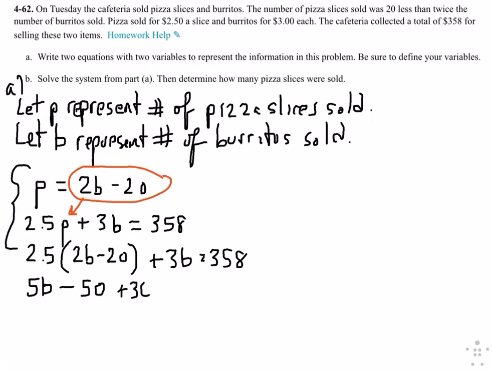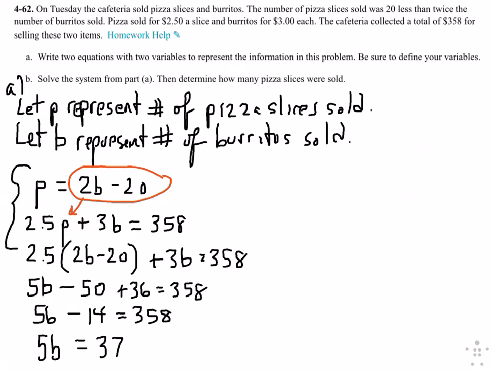Plus 36 equals 358. So we have 5B negative 50 plus 36 is minus 14 equals 358. Then we add 14, so we get 5B equals 372.